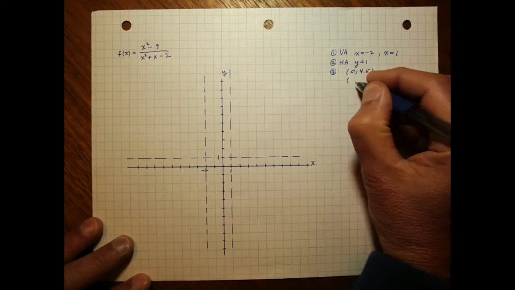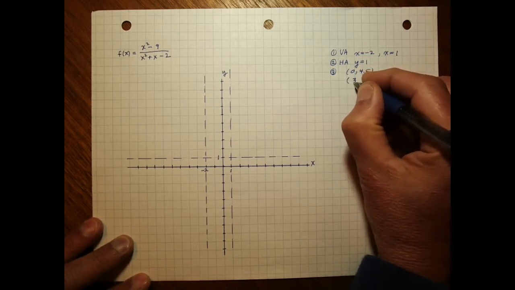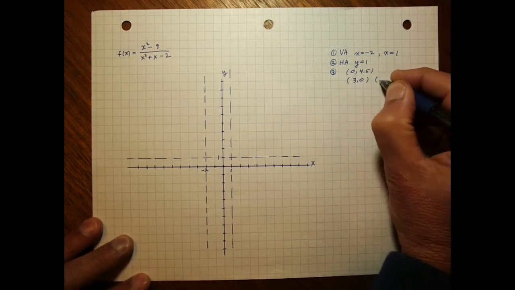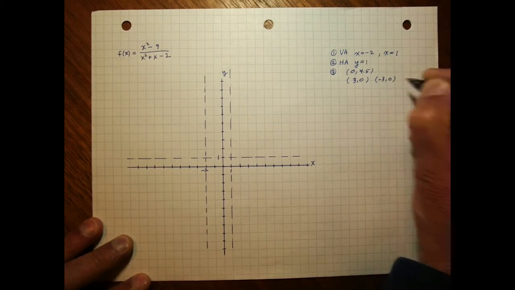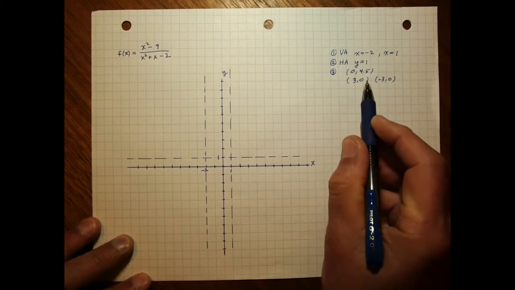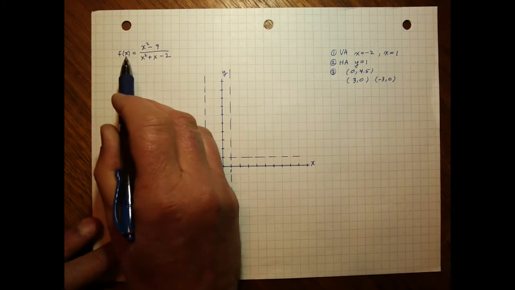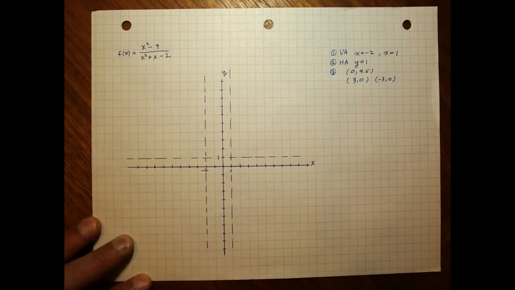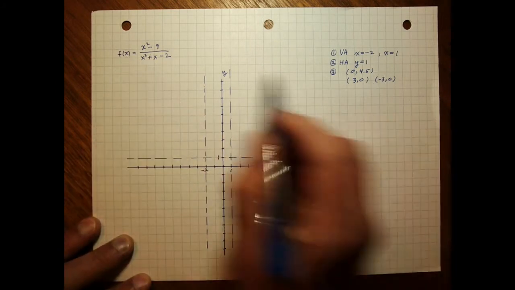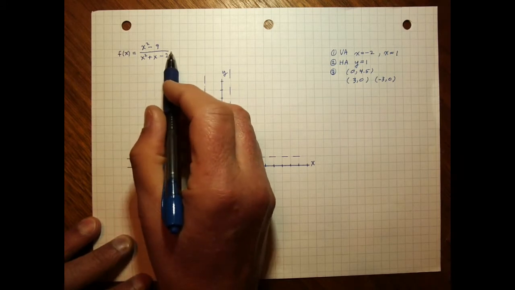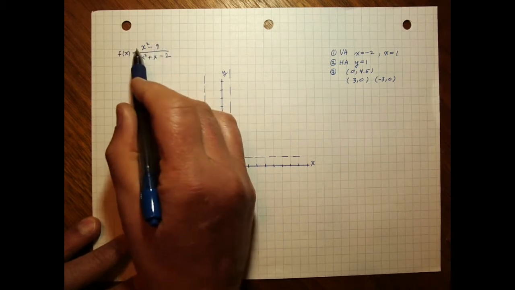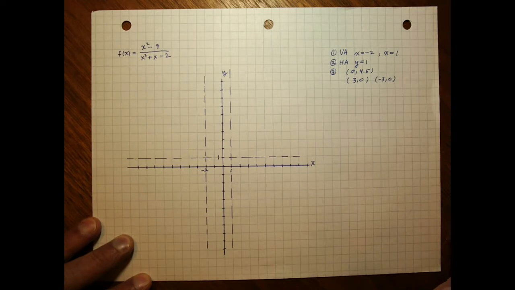And we found that there were two x-intercepts, (3, 0) and (-3, 0). You find the y-intercept by computing f of 0, plugging 0 in for x. You can find the x-intercepts by setting the function equal to 0, which will amount to setting the numerator equal to 0 and solving for x.